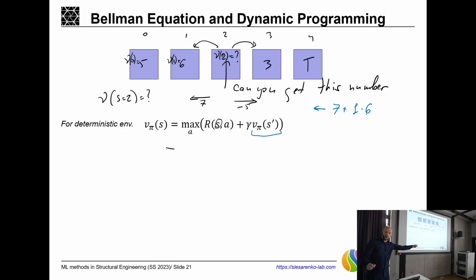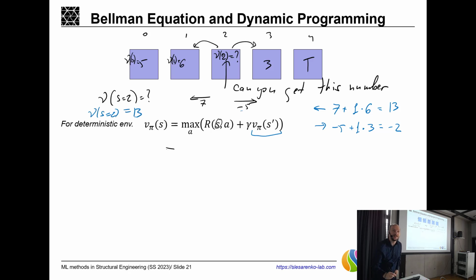That will be for the left motion. For the right motion, our reward is -5, we get penalized, plus again 1 multiplied by the value of state number 3. Therefore, here we will get 13, and here we will get -2. If we take the maximum through these actions, what would be the value of state 2?